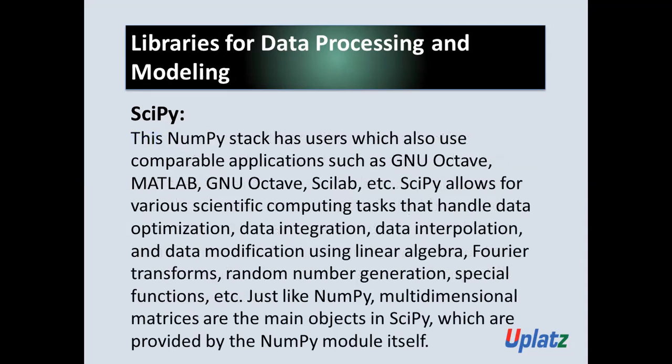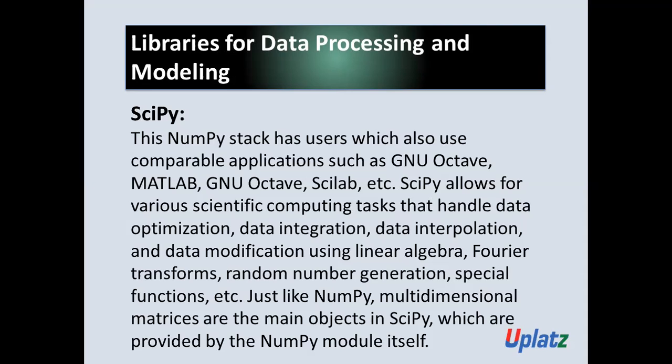This NumPy stack has users who also use comparable applications such as GNU Octave, MATLAB, Scilab, etc. SciPy allows for various scientific computing tasks that handle data optimization, data integration, data interpolation, and data modification using linear algebra, Fourier transform, random number generation, special functions, etc.